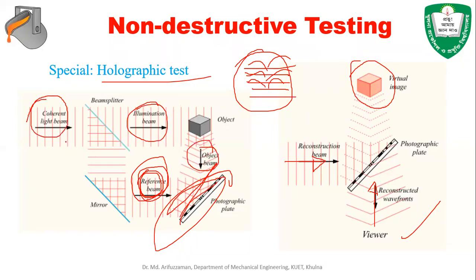That means the magnitude or wavelength of the beam will be constant throughout. Otherwise, if you get the illumination beam from a different source that is not complying with the splitter, then you will not be able to visualize the object, and the interference pattern will be different.